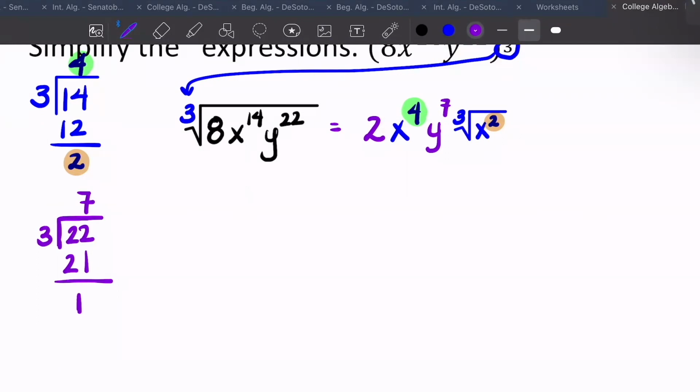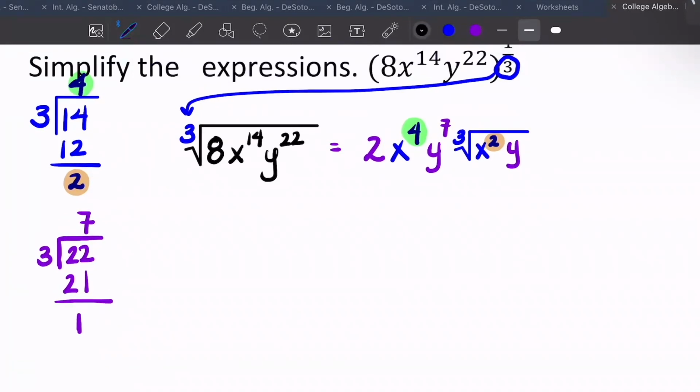And then we have 1 left over, so one of our y's has to stay under. If we wrote this all over again, all in the same color, without any highlights, it would look like this.